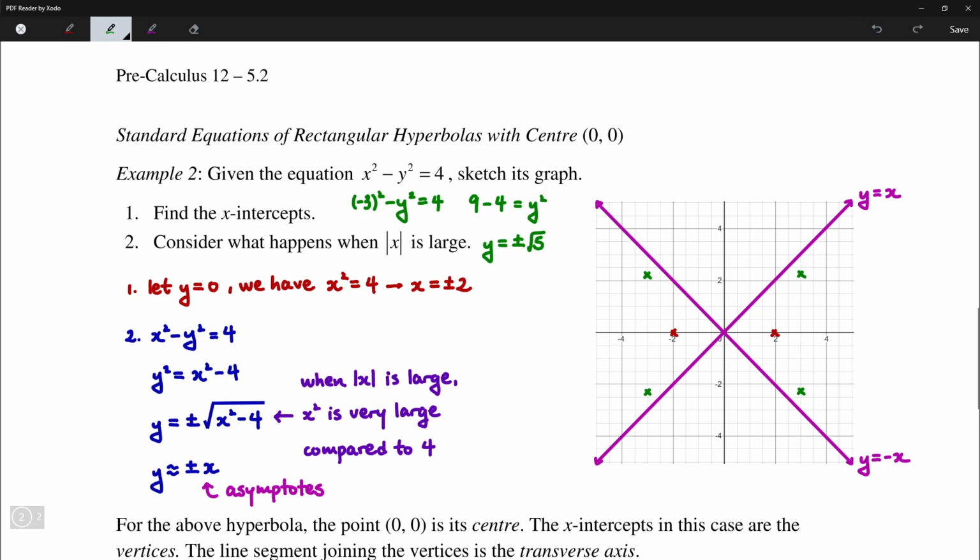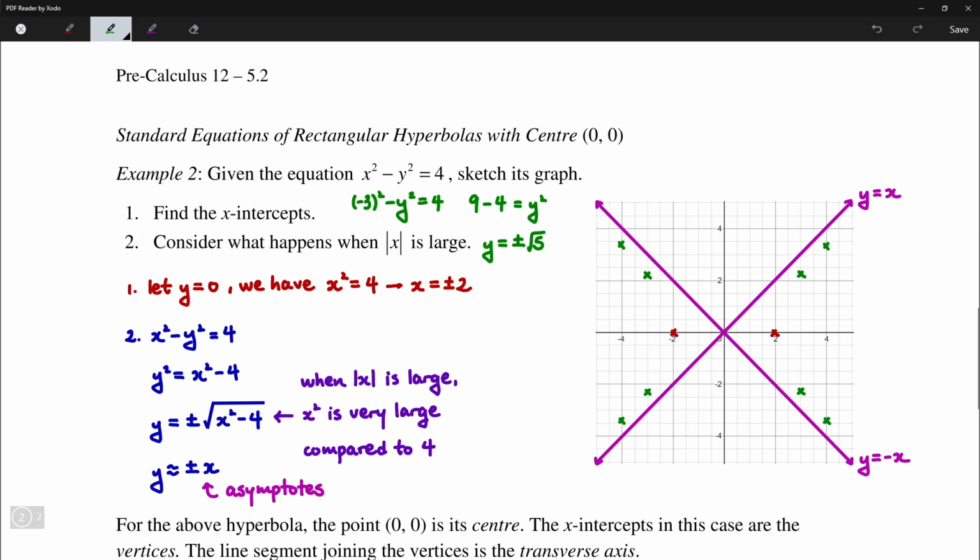Very similar work can be done with negative 4 and positive 4, which will give us points approximately here on our grid. So that will be 16 minus 4, so square root of 12 is what we have.